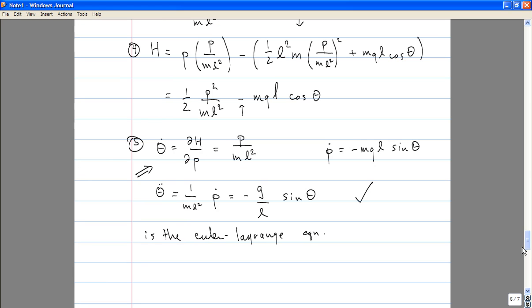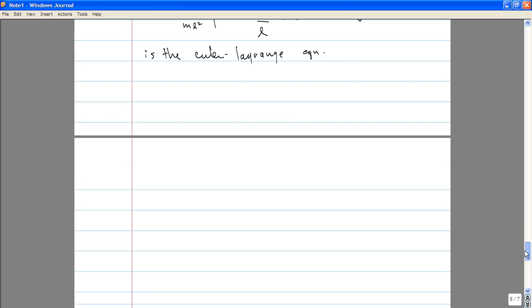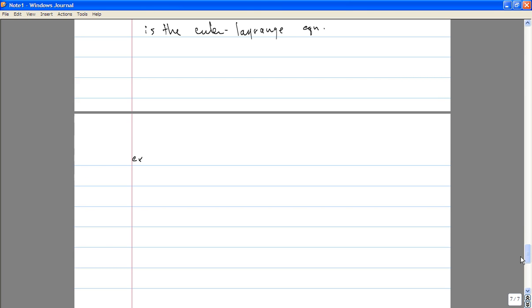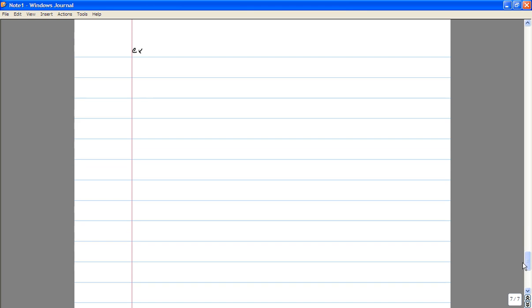So let's maybe do a slightly more sophisticated example. So let's consider a bead moving on a wire. So I remember at the very beginning of this class, I wrote down the equation of motion for a bead moving on a wire of arbitrary shape, where y was equal to some function of x.